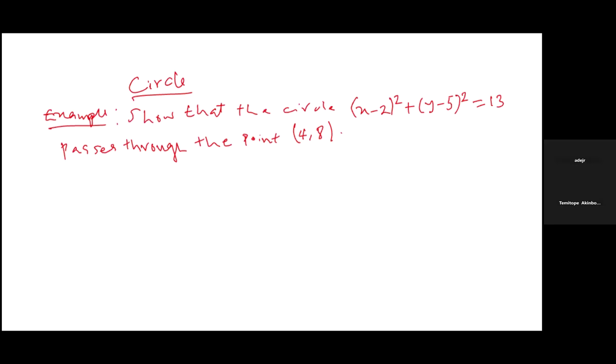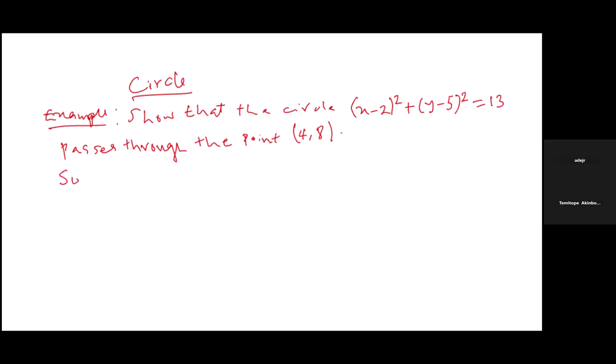Do you get that now? So what does that mean? It means that I'm going to substitute the given point into the given equation of the circle. Is that statement clear to you?